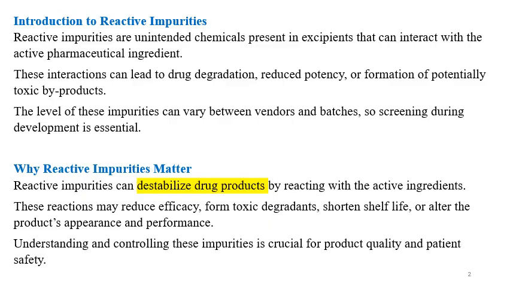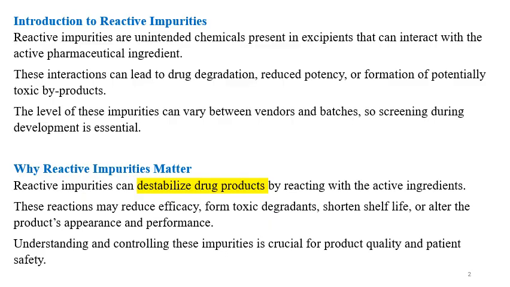So, understanding regarding the excipients, compatibility between the excipient and the drug, and also the reactive impurities and their impact on the stability of the drug substance is very important. Understanding and controlling these impurities is crucial for the product quality and the patient safety.